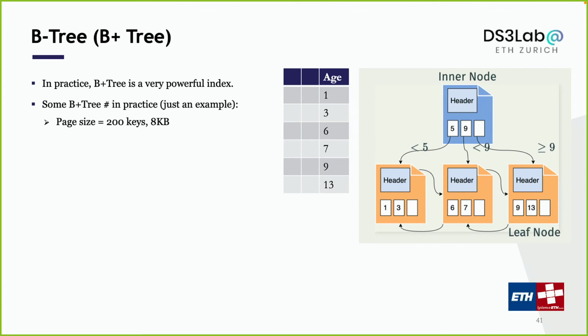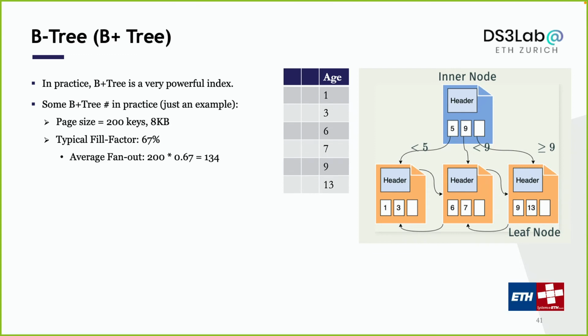And in practice, the fill factor, how full each page is, is at least 50%, but often, for example, like 60%, something like this. In this case, assuming these two different constants, the fan out of each node, how many children each node has, will be like 130, something like that.